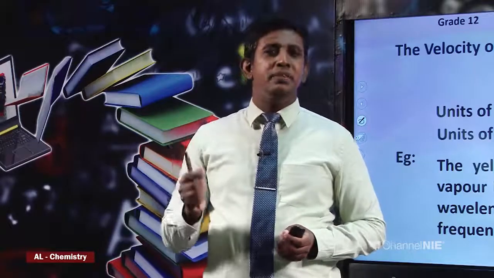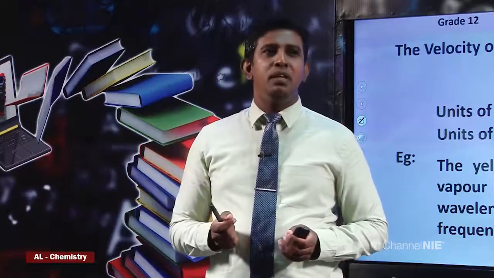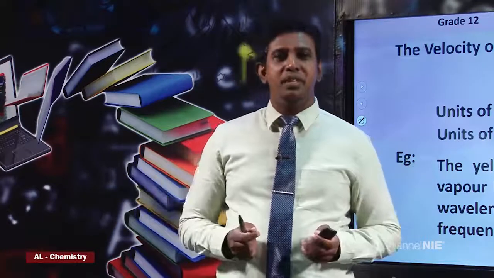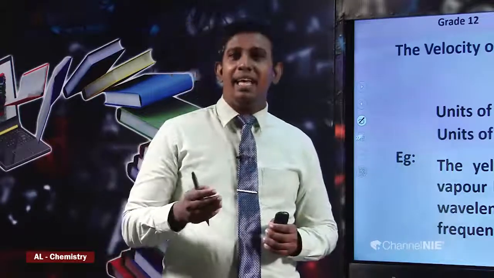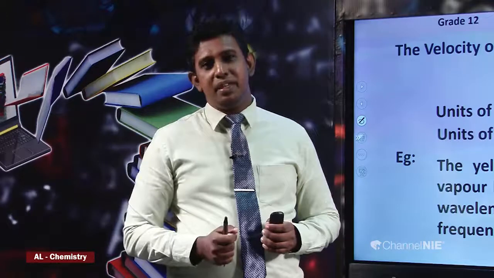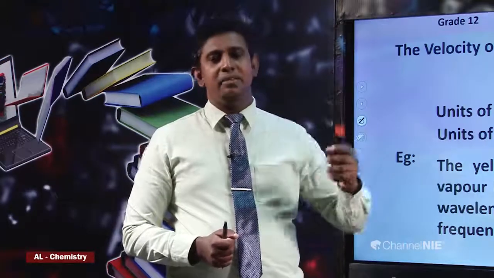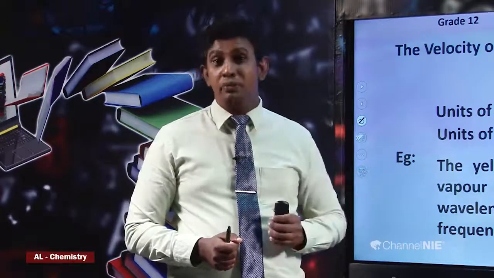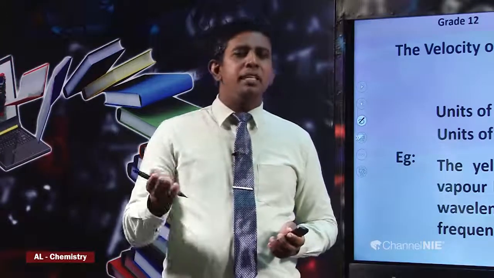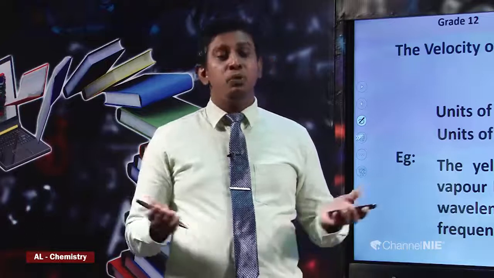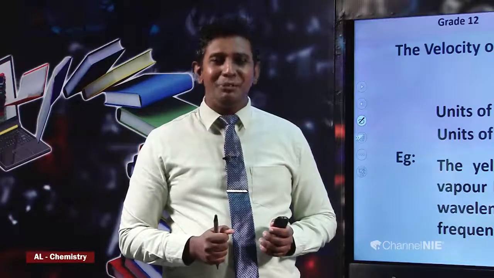So let's find out how we could have different questions asking either to find the wavelength or, on the other hand, to find the frequency given the other one. When the wavelength is to be found, you would be provided with the frequency. When the frequency is to be found, you would be provided with the wavelength.